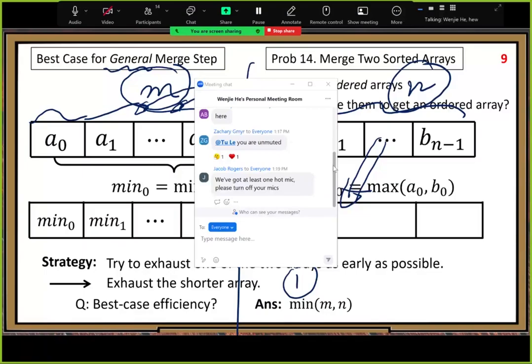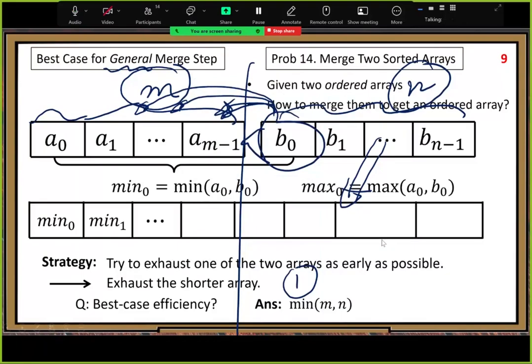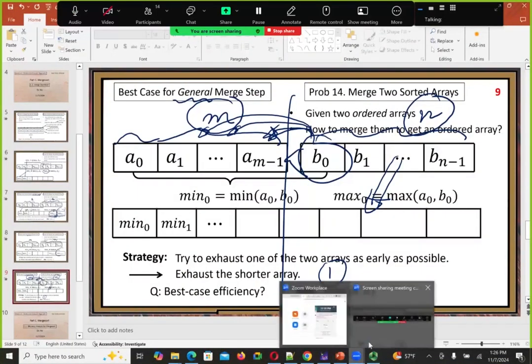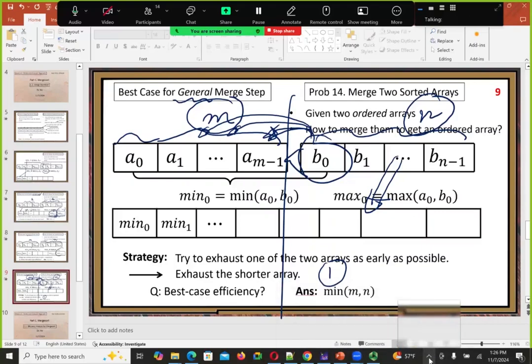Oh, I unmuted by accident. Let me get it out. I need to mute.